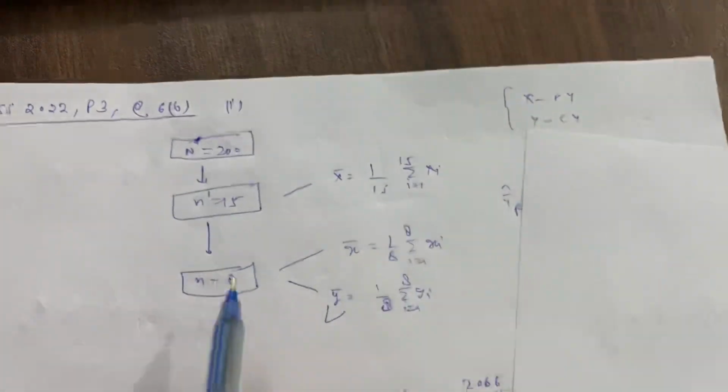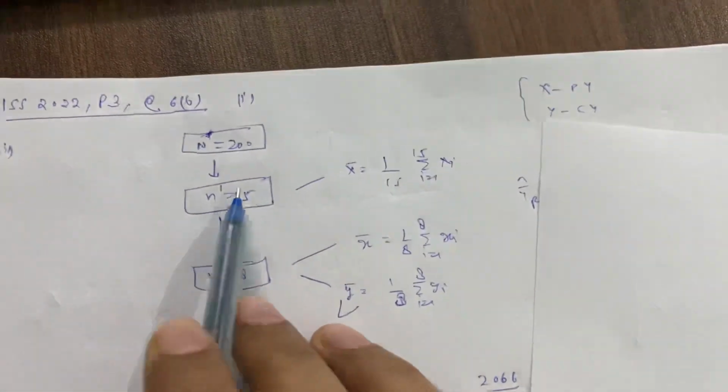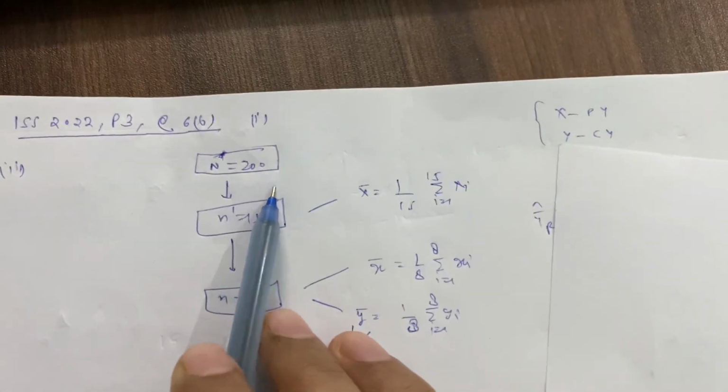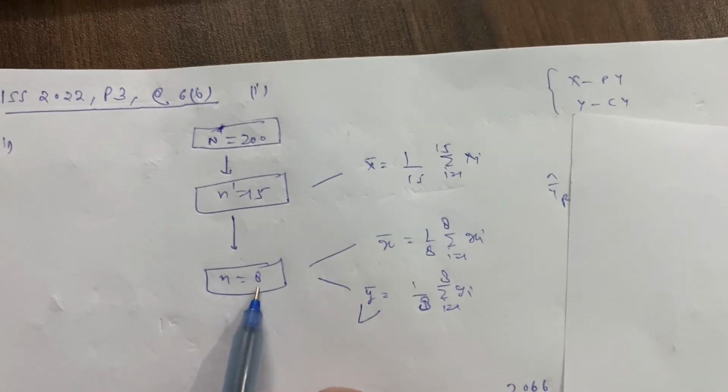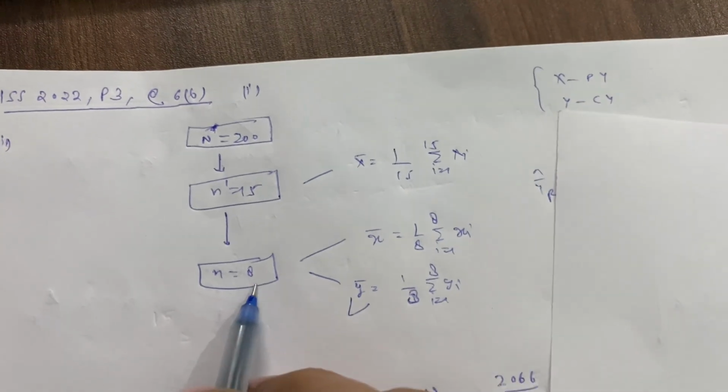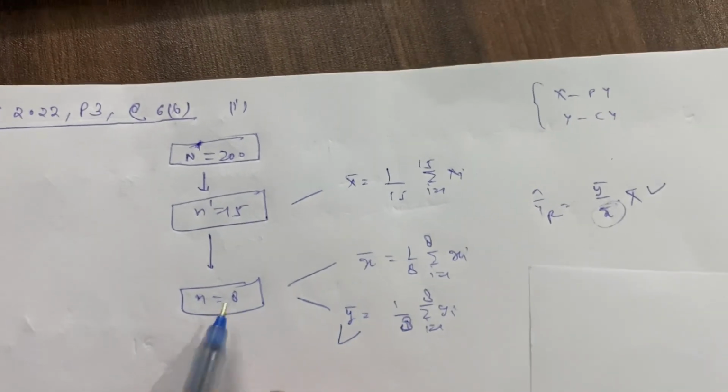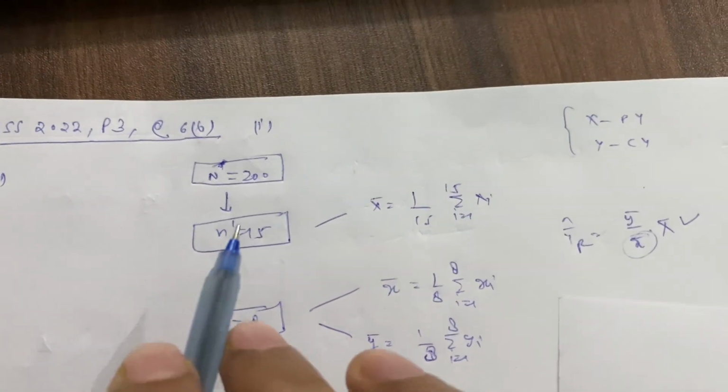So they take the sample of 15 from 200, and they further take a subsample of size 8, and they recorded the current year yield for this sample, and for the 15 they have recorded the previous year yield.